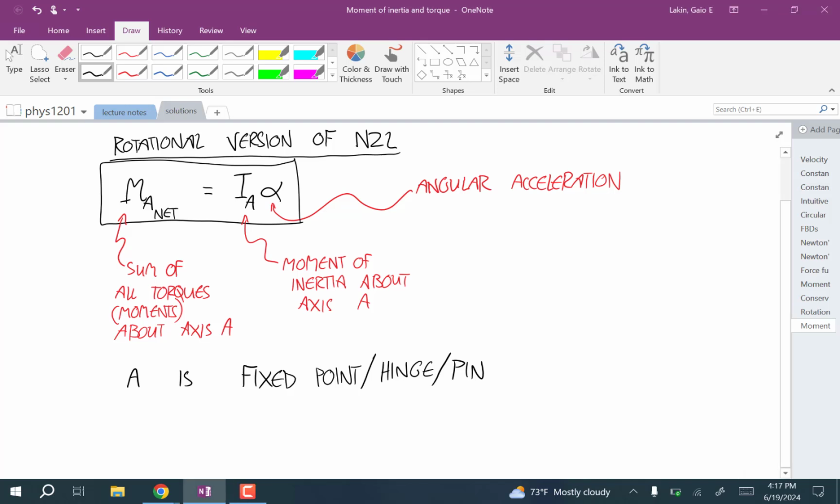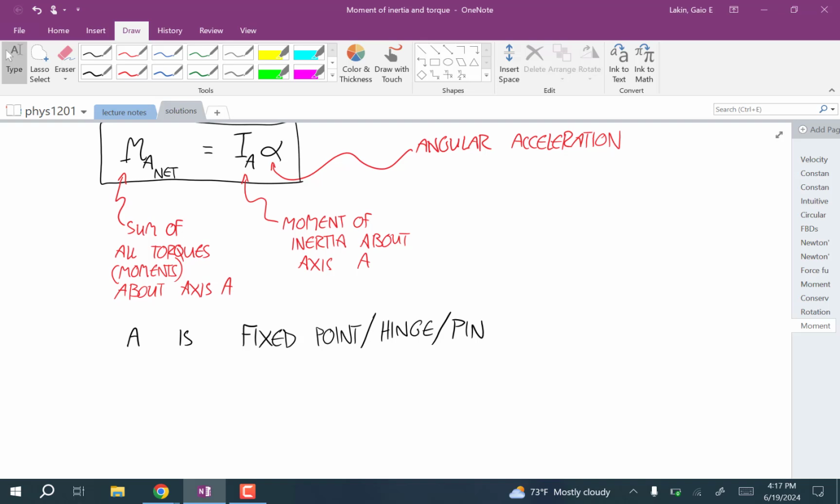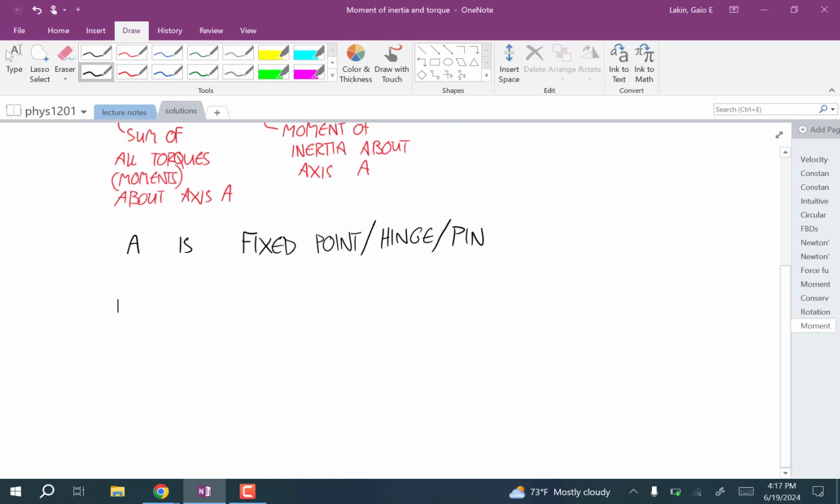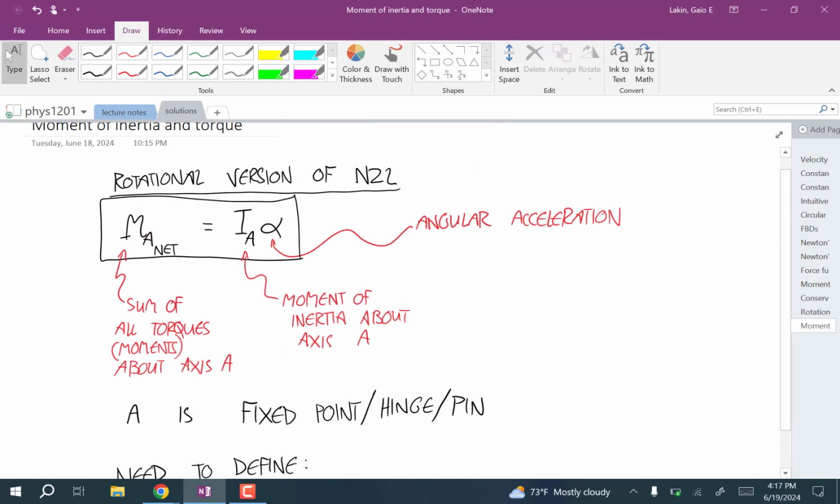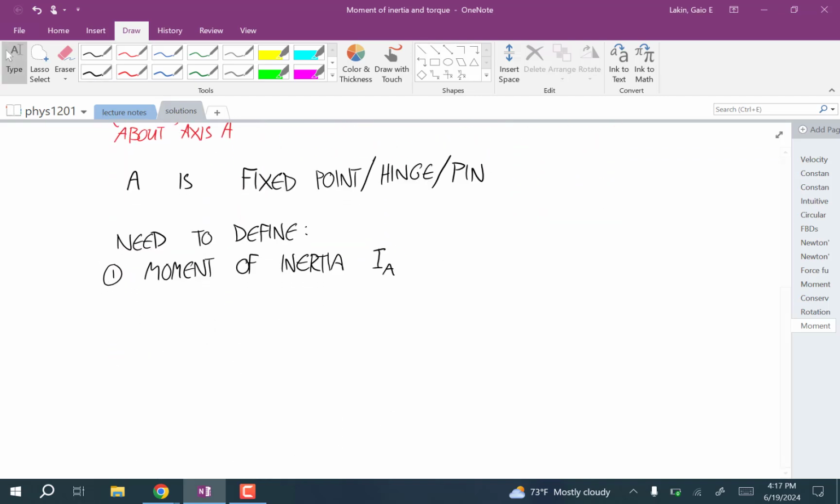Okay, so before you can use this equation, we need to define two things. The first one is the moment of inertia. That's the I sub A in this equation. And you can think of that as like the rotational version of mass.